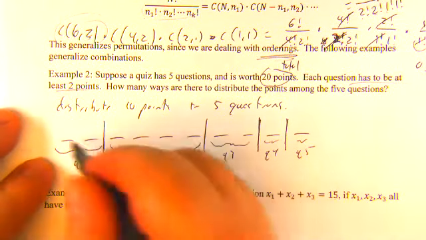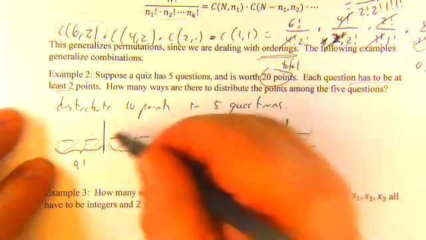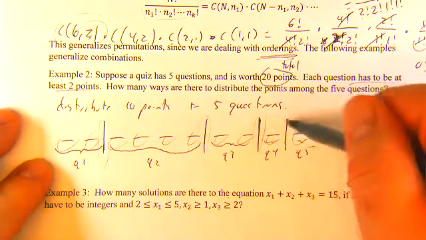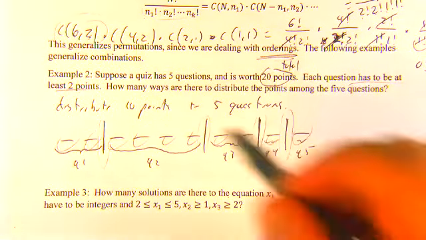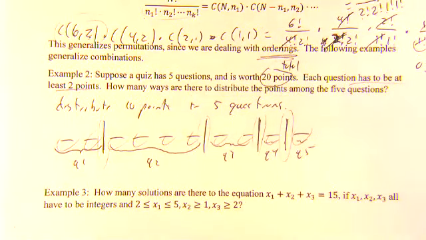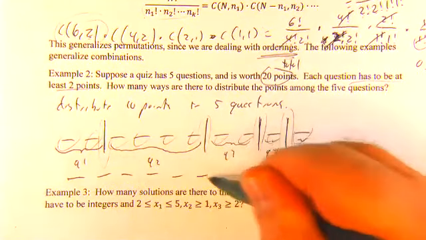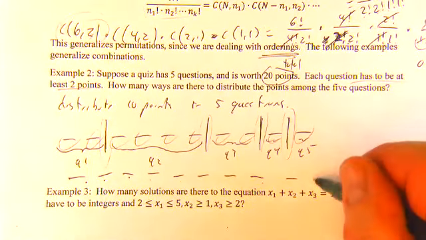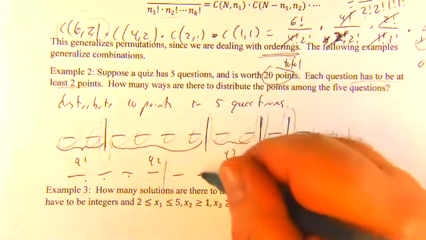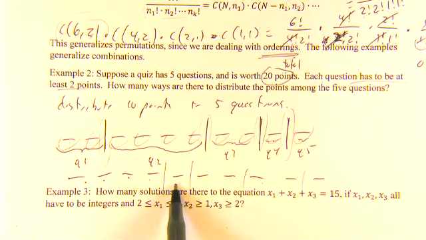So what I have here is 1, 2, 3, 4, 5, 6, 7, 8, 9, 10 points, and 4 dividers. Where I put the dividers gives me a different choice of arrangements of points, right? So I put one divider here, one here, one here, one here, and these are the points for question 1, question 2, question 3, question 4, question 5.